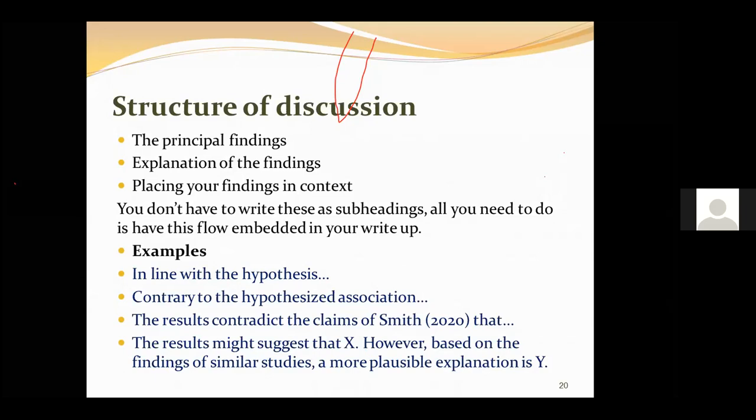So, here I'm giving some suggested examples of how you go about your discussion of findings. You can start by saying, in line with hypothesis 1, research question 1, or research objective 1, or, contrary to the hypothesized association, ABCD, the results contradict the claims.